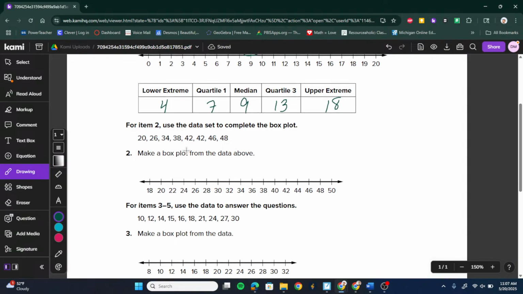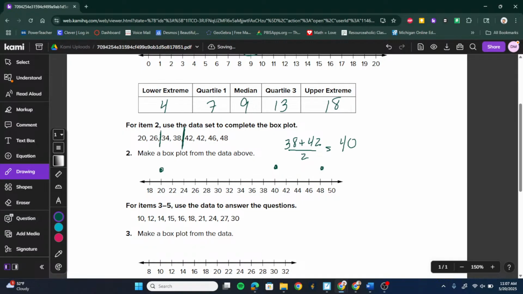So we do the same thing with this set of data here. We break this apart right here in the middle. The middle of 38 and 42, 38 plus 42 divided by 2 is 40. So there's our median. Our lower extreme is 20. Our upper extreme is 48.